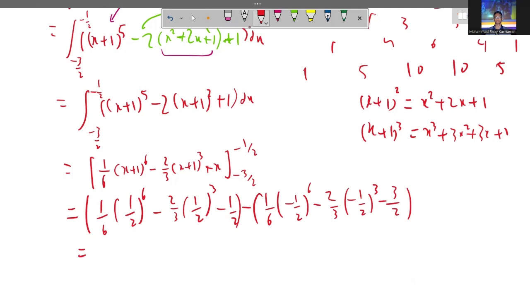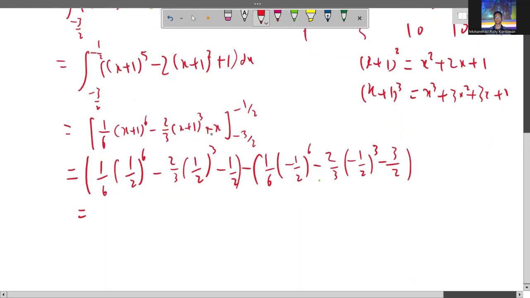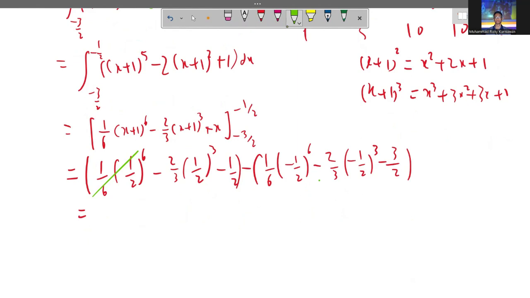So, let's take a look at this. Notice that these two terms are identical, so they cancel out. Actually, these terms cancel out because negative 1/2 to the power of 6 is equal to 1/2 to the power of 6.